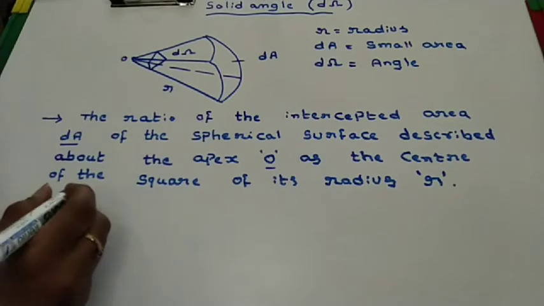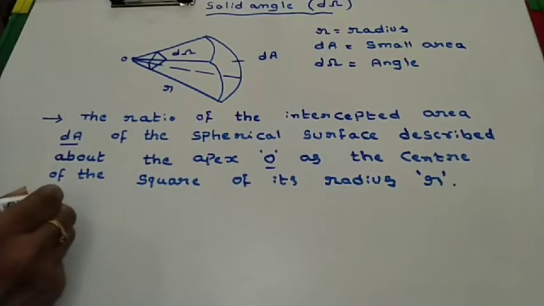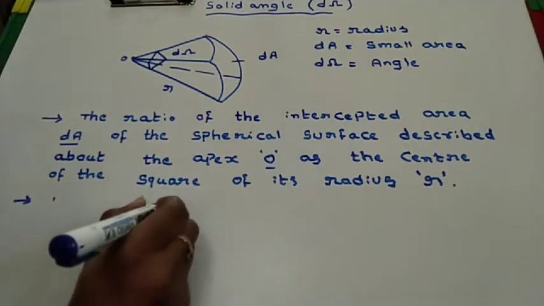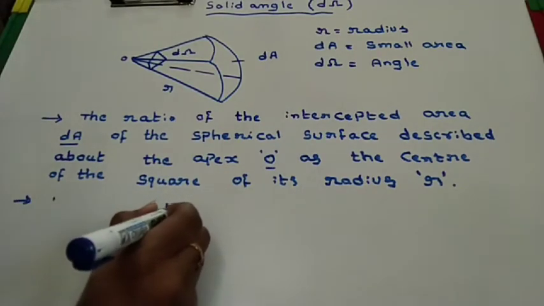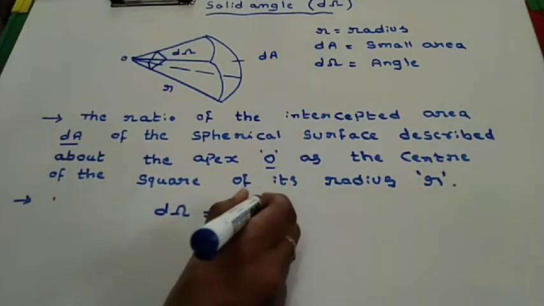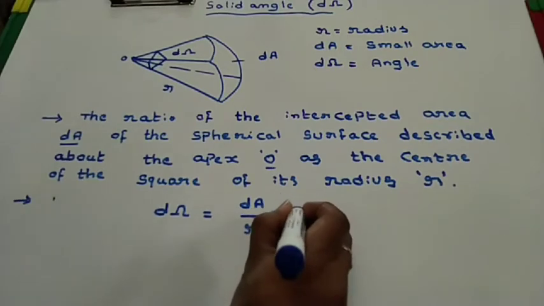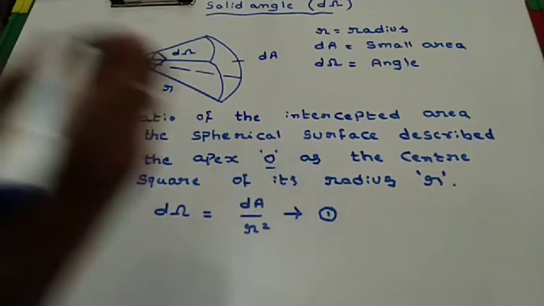Therefore, its formula is d omega is equal to dA by r square. Consider this as equation number 1.